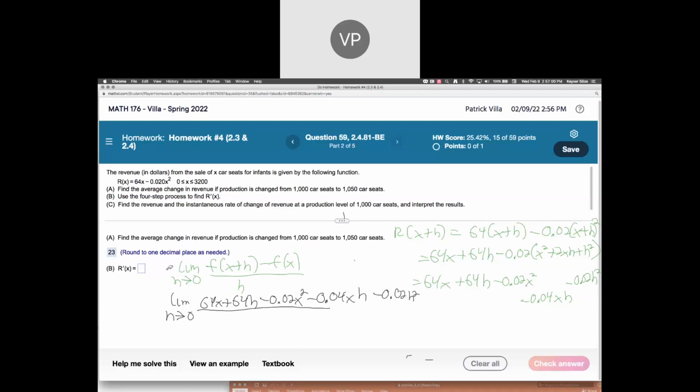So that's everything I found for just the f of x plus h right there. Okay, so I'm going to clear all this out since we've moved it, the stuff that I just wrote in black. Now on top, we still have to do more.